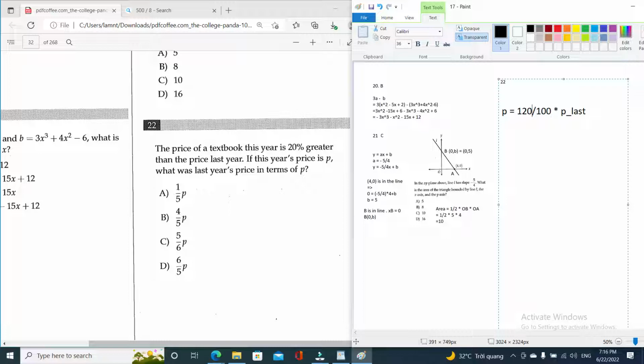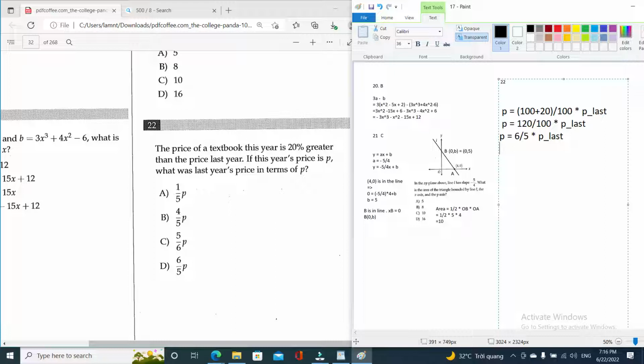Because it's 20% greater, it's 100 plus 20 over 100. So P equals 120 over 100 of P last, that is P equals 6 over 5 of P last year. So the price of this year is 6 over 5 of last year's price.